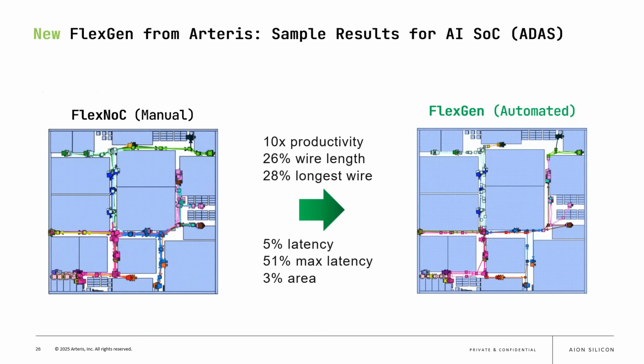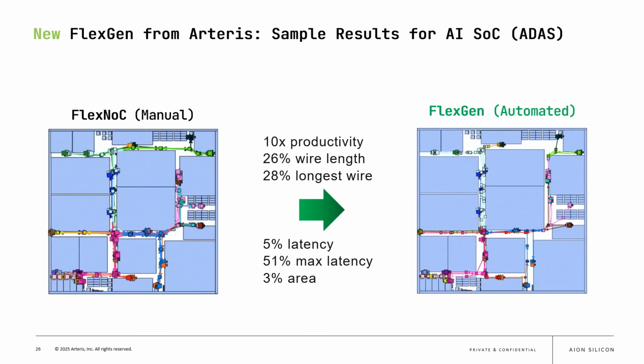And this year, Arteris also launched its FlexGen product, which builds on FlexNoC and automates the entire topology generation process and delivers even more significant PPA wins. So this includes 10x productivity for the designer, 26% reduction in wire length, 28% shorter longest wires, and better latency and area.